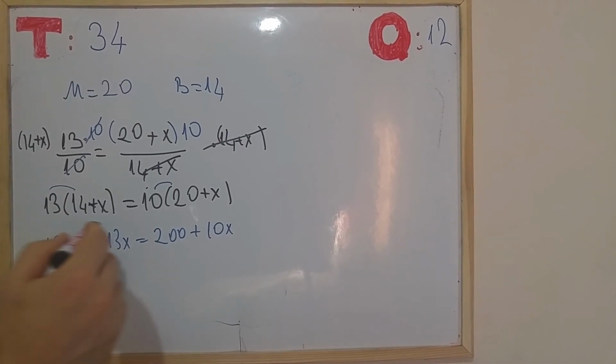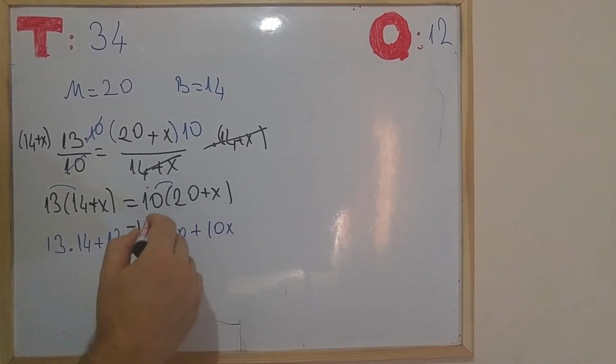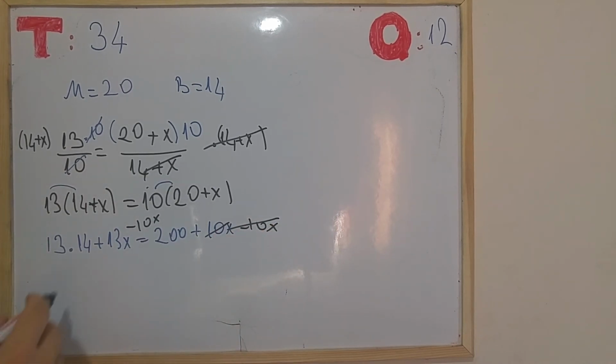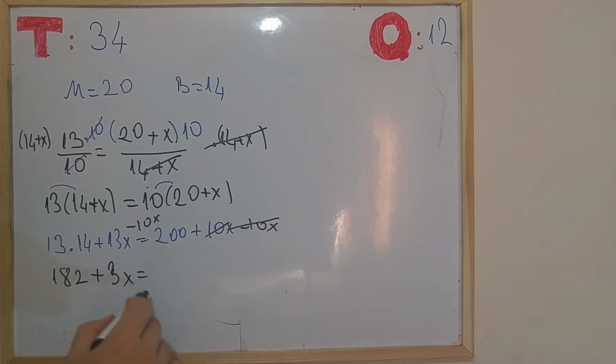Subtract 10x from each side. These will be gone. So what I'm going to have here, 13 times 14 is 182, plus 13 minus 10 is 3x, is equal to 200.